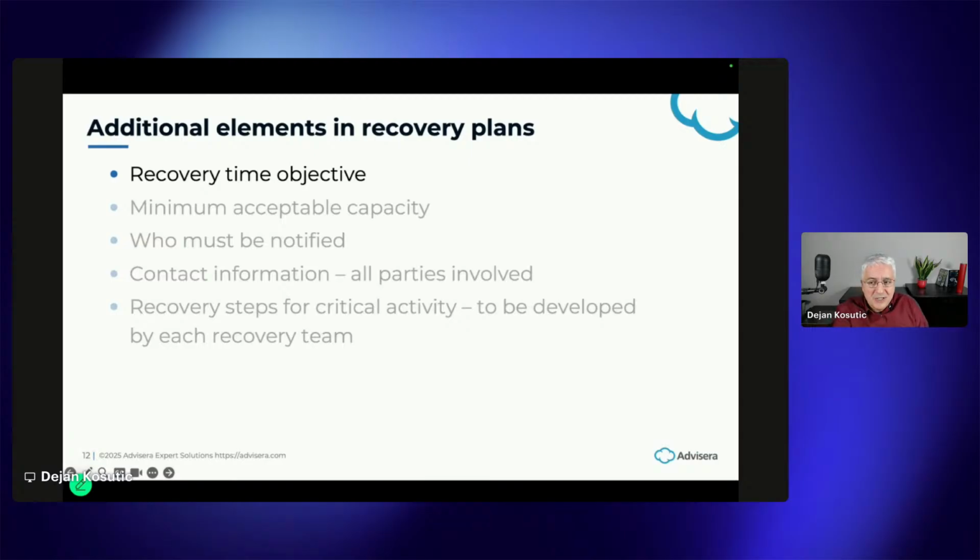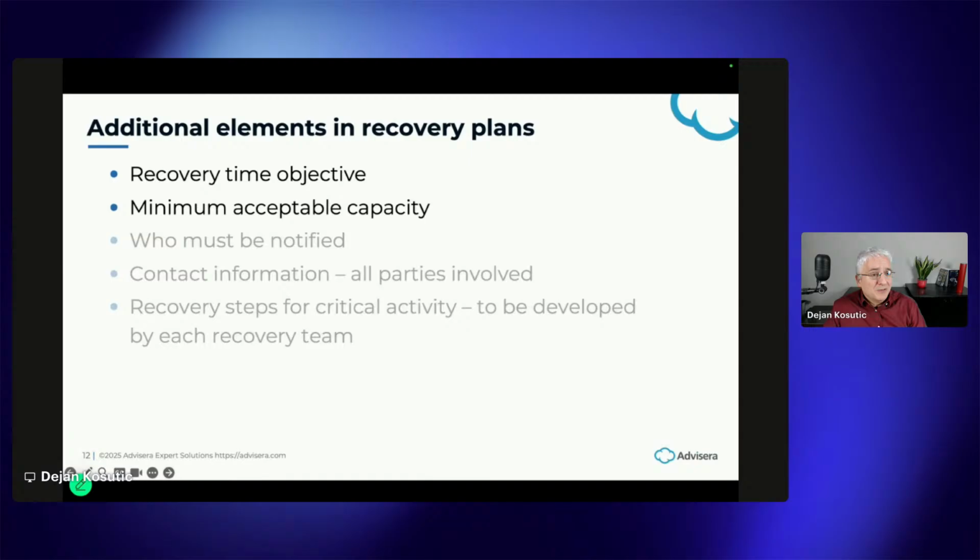So you need to specify in these plans a recovery time objective so that anyone who is using this plan knows exactly how much time he or she has. Minimum acceptable capacity. So going back to this example of a loan department, let's say that they process typically 200 loans per day. Now, if they have a disaster or disruptive incident, they might decide that they want to recover so that they can process 50 loans per day, which is 25% of the capacity, right?